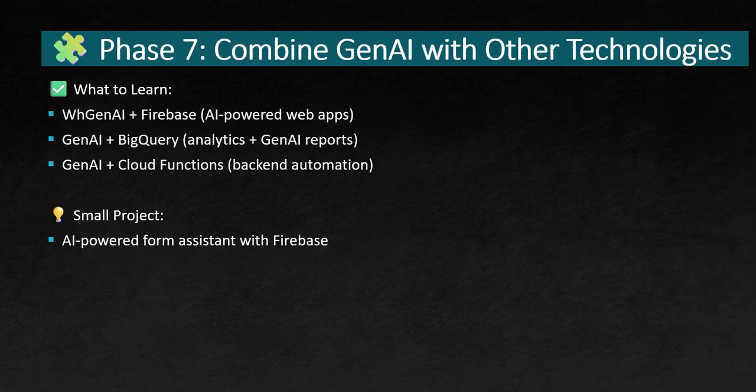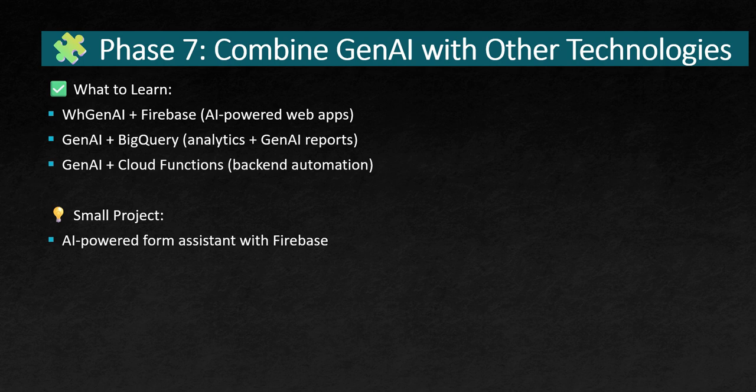Now it's time to take your skills to the next level by combining Gen AI with modern web and cloud tech to build full-fledged AI-powered applications. In that, you will learn integrating Gen AI with Firebase for real-time AI backends like web apps and many more. You can also learn Gen AI with BigQuery for smart data analysis, or connecting Gen AI with cloud functions to automate backend logic.